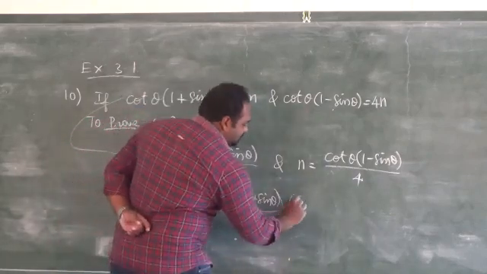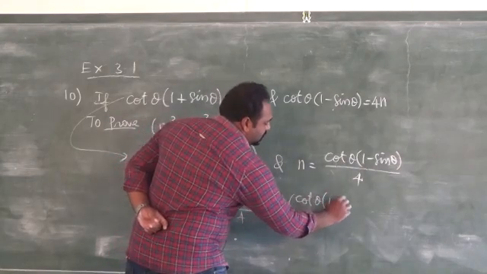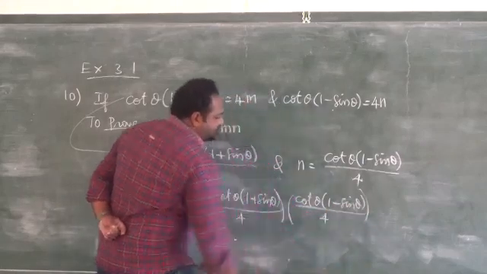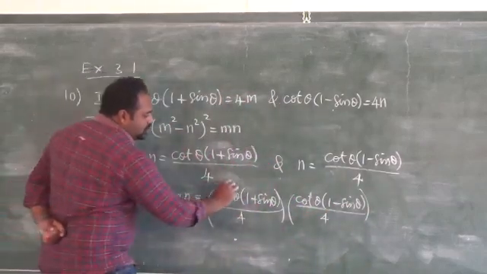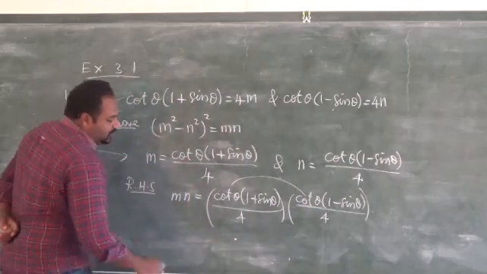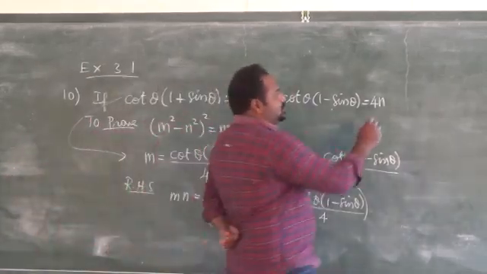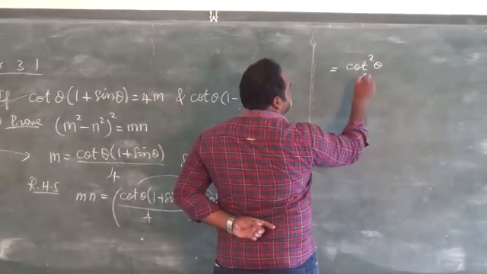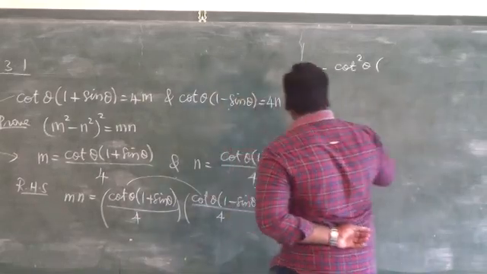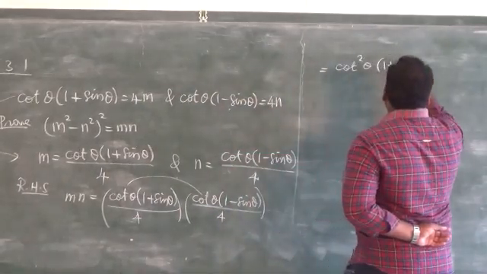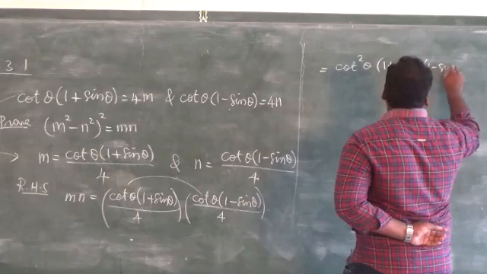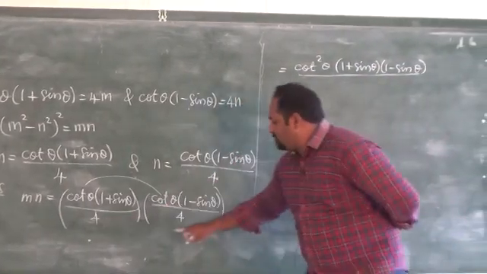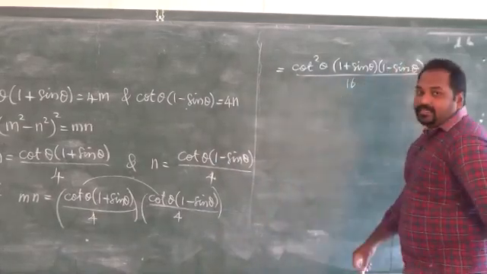The n value is cot theta into 1 minus sin theta whole divided by 4. Just multiply these two terms: cot square theta into 1 plus sin theta into 1 minus sin theta, whole divided by the denominators 4 into 4, 16.